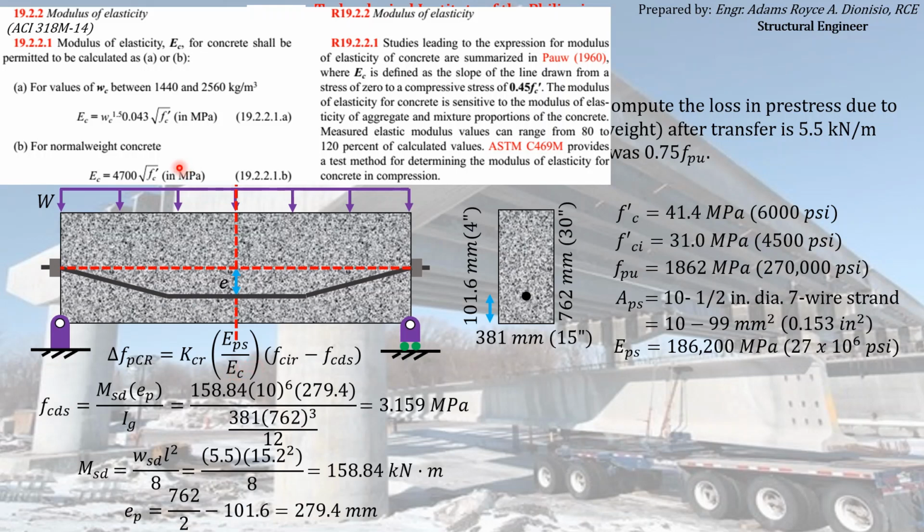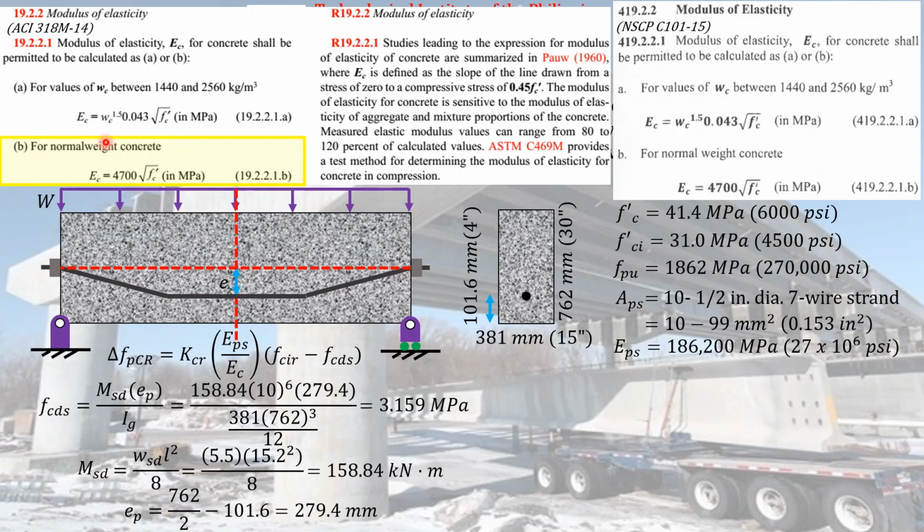So if you refer to ACI 318M-14 section 19.2.2.1 or NSCP C101-15 section 419.2.2.1, you can see these formulas for computing the modulus of elasticity of the concrete. So we just have to substitute those here on the formula for EC here.